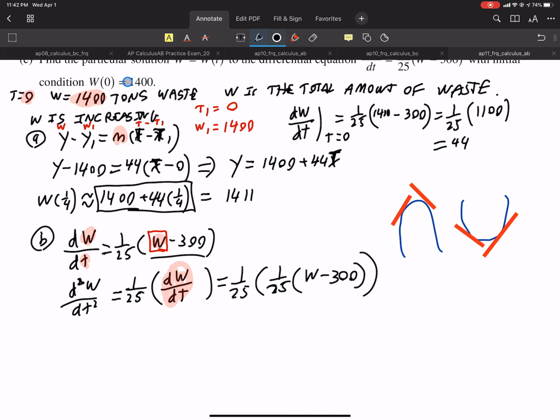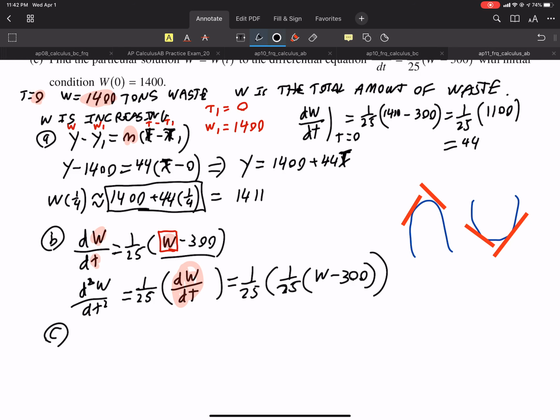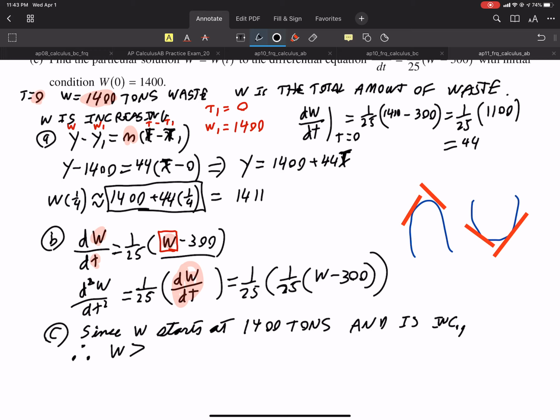So you would say, since w starts at 1,400 tons and is increasing, therefore w is always greater than 300.